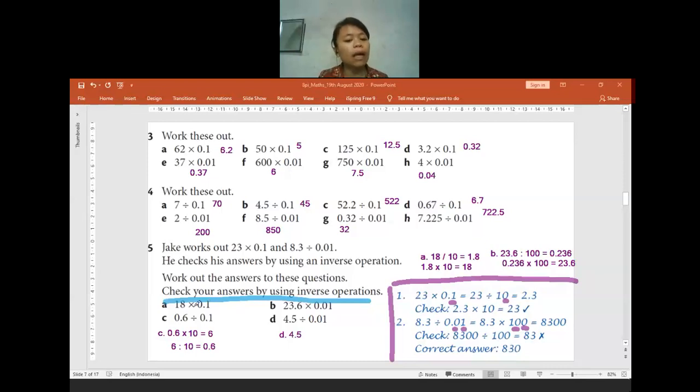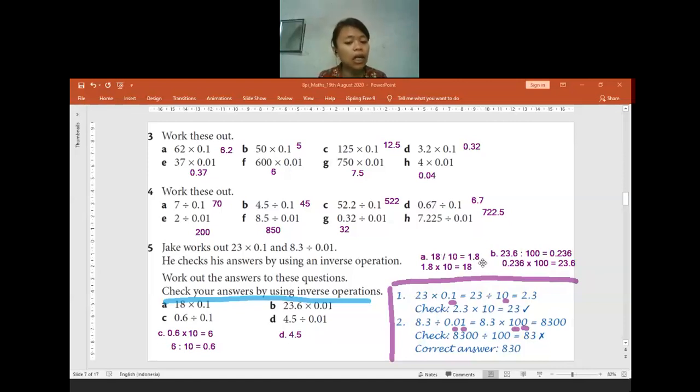When we multiply the number by 0.1, it is the same as dividing the number by 10. So here, 18 times 0.1, I can write it as 18 divided by 10. The answer will be 1.8. Because we have to check by using inverse operation, and this is a division, the opposite of division is multiplication.